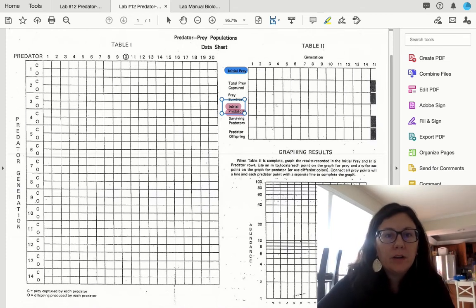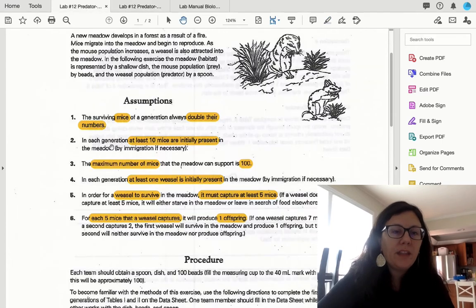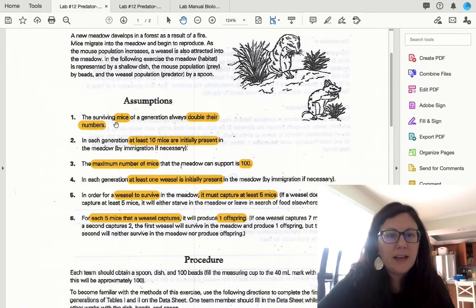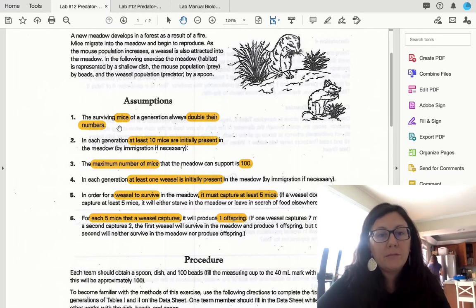What you are going to do, I highlighted this too. If you want to pick your own two colors to coordinate, this will end up coordinating with graphing down here. So, assumptions you're working under is that from each generation to generation, the number of surviving mice will double.